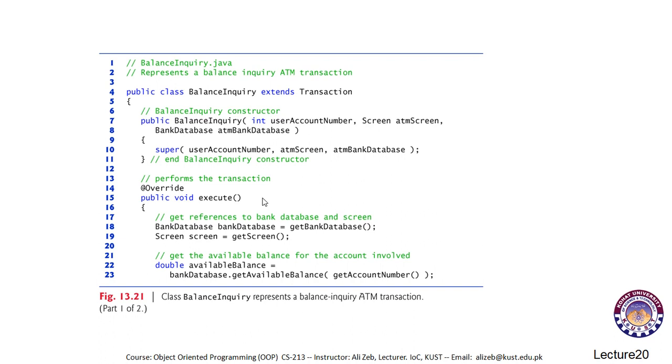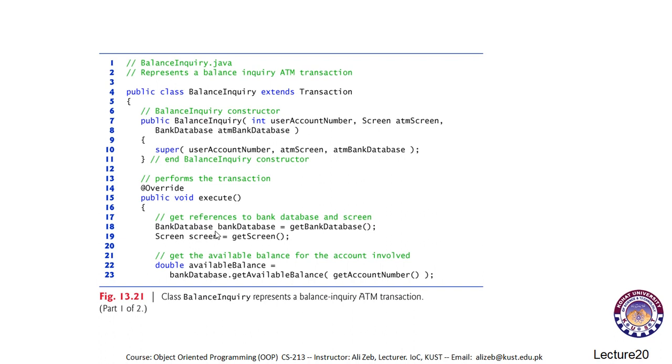It only needs to show the balance of the user, so it can do that by accessing the details of the Transaction class. For example, it needs to access the account number, the ATM screen, and the bank database, and that is done through the execute method. It must implement the execute method.